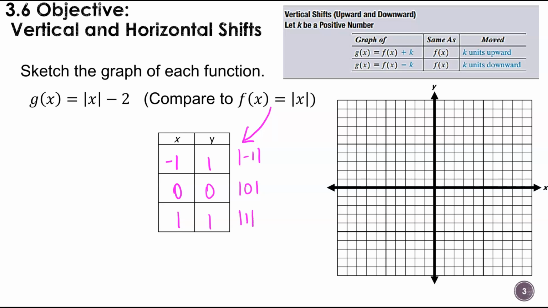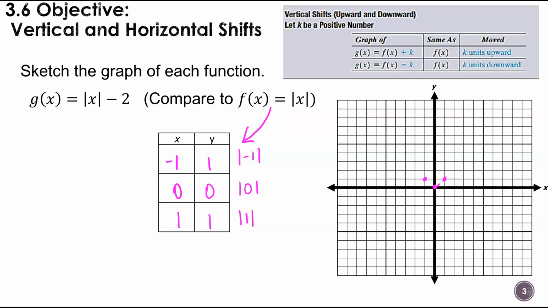So when we put this graph on the coordinate plane, we're going to use pink and dashed lines. All of the pink dashed lined graphs are going to be our parent graph. I'm going to put a point here and here and here. Now you can do more points in this, but it's not really necessary.